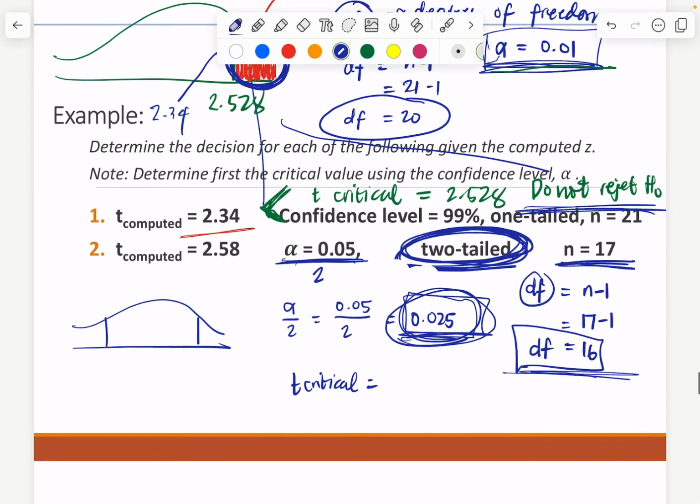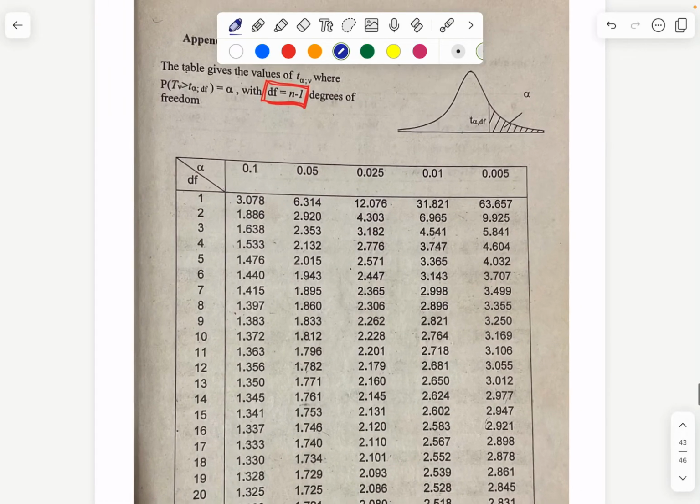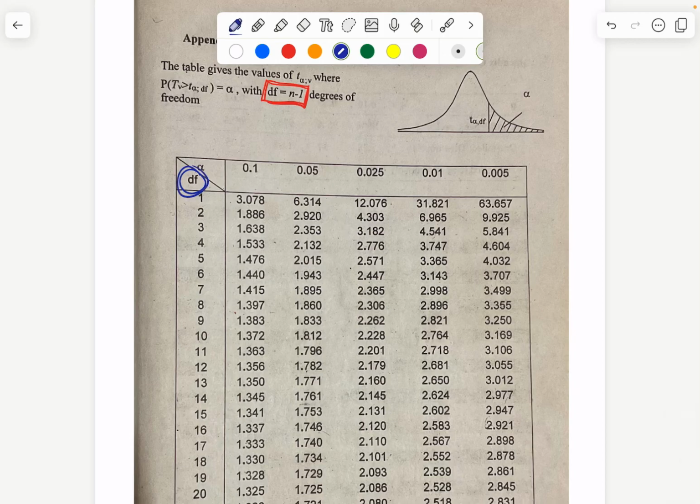So let's go to our table. From DF, you go down towards 16. Then what is our alpha? Our alpha is 0.025. So from 16, go towards the column 0.025.